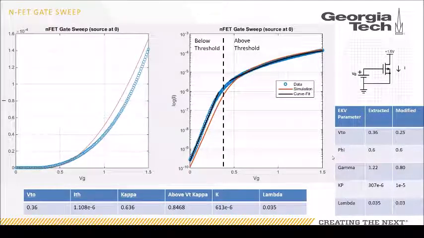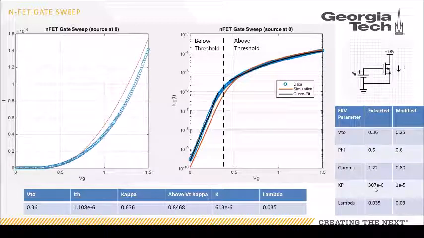Once we have our EKV parameters, we use the schematic here to do the gate sweep, and then we tweak some of our parameters to fit the original data. Noticeably, we mainly tweak the KP value.